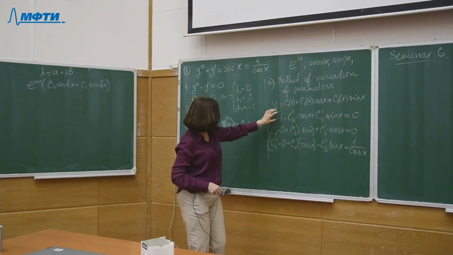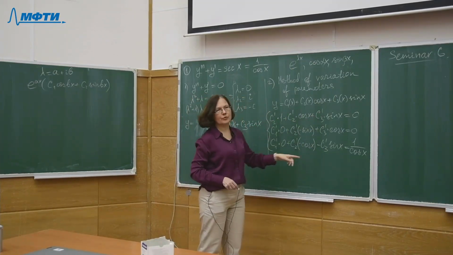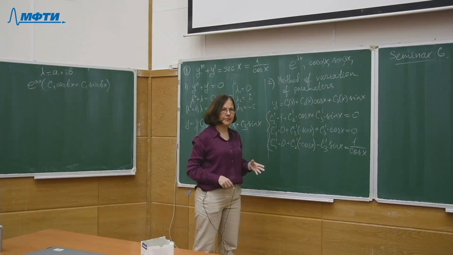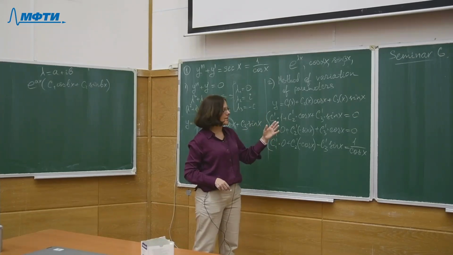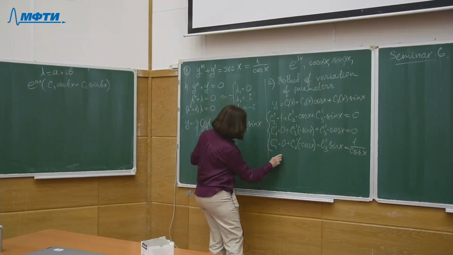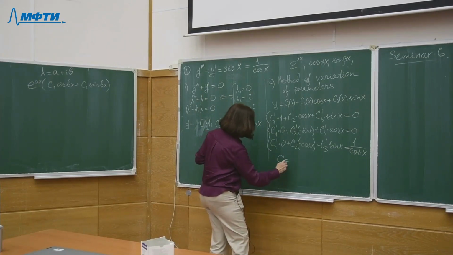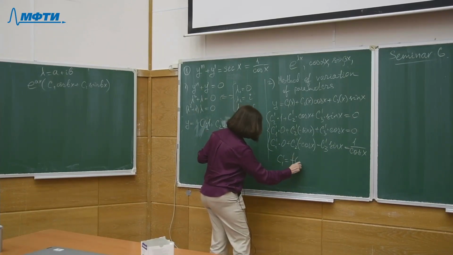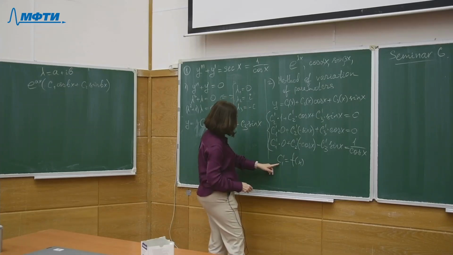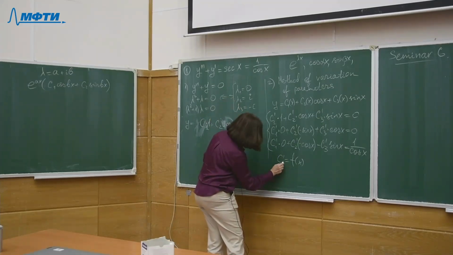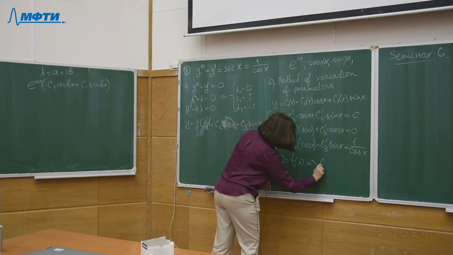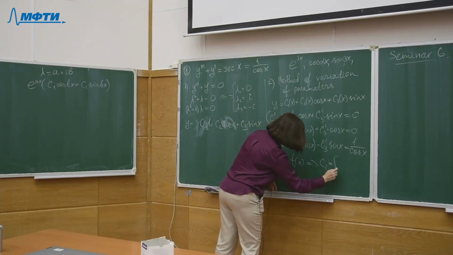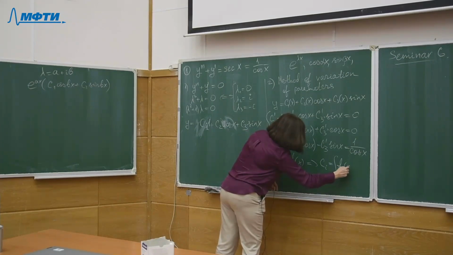So these three coefficients can be found from this linear system, and after this we will find c1 prime, for example, as a function of x, and next to find ci we should integrate, find the integral.